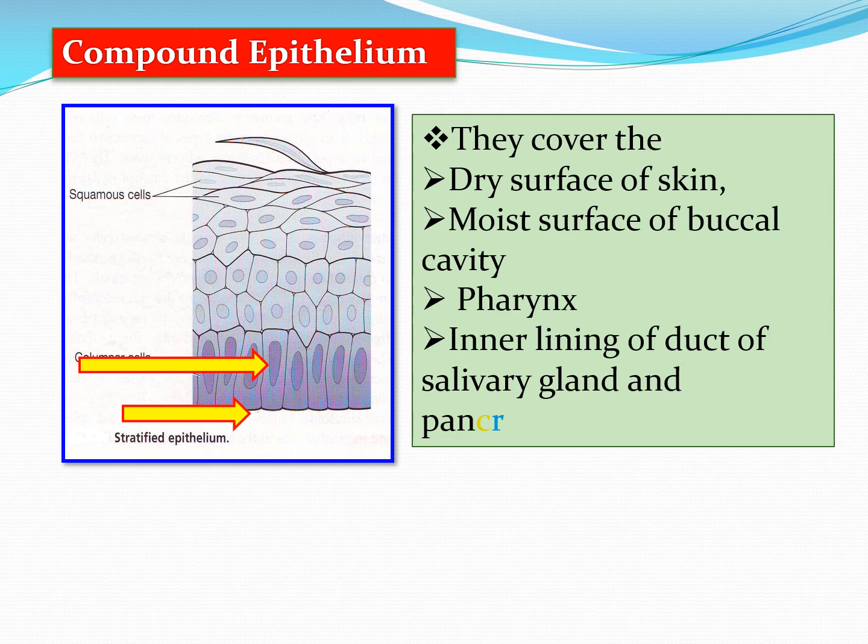This compound epithelium covers the dry surfaces of skin, moist surfaces of buccal cavity, pharynx, and the inner lining of duct of salivary gland and pancreatic duct.